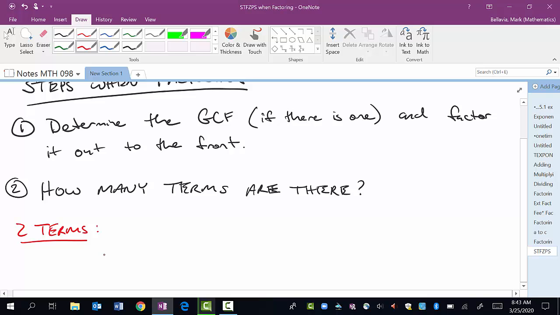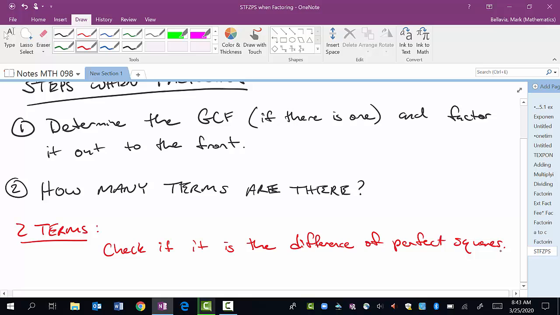Later on, when you go up to Math 104, you might talk about sum or difference of cubes, but in our class we only check if it is the difference of perfect squares. If it is, then you would factor it according to the formula for that. If it isn't, then you can't factor it at all. That's the end of the factoring process.